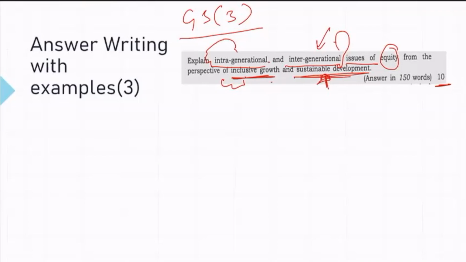But inclusive growth is also related to generations. We become inclusive when we include generations. Our development is sustainable when everyone is growing. That is intergenerational. So both keywords are related to both of these.